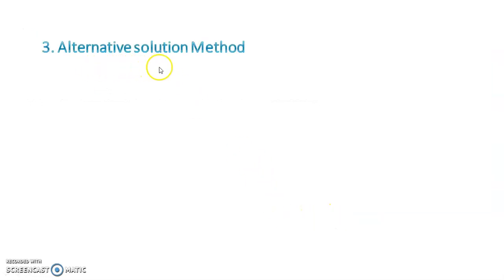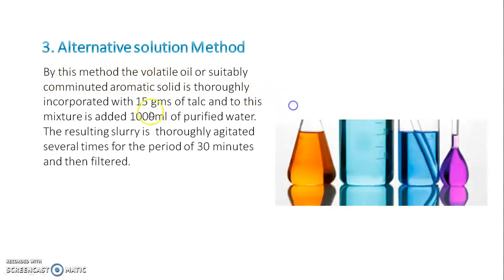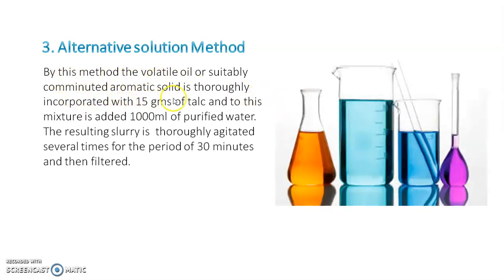Then the third method is the alternative solution method. By this method, the volatile oil or suitably comminuted aromatic solid is thoroughly incorporated with 15 gram of talc, and to this mixture 1000 ml of purified water is added. The resulting slurry is thoroughly agitated several times for a period of 30 minutes and then filtered.